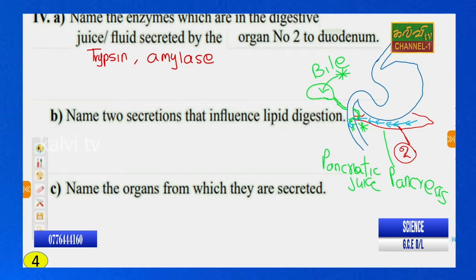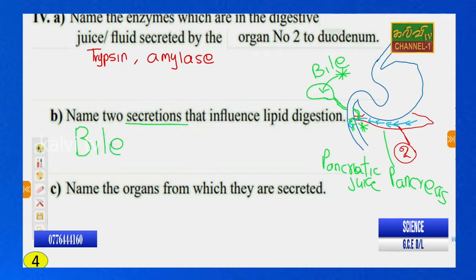Therefore, we should indicate that answer. They are asking for secretions. Don't write lipase, because lipase is a small substance in the secretion, such as pancreatic juice containing lipase. But here, what did they ask? Name two secretions. Therefore, bile is the answer.